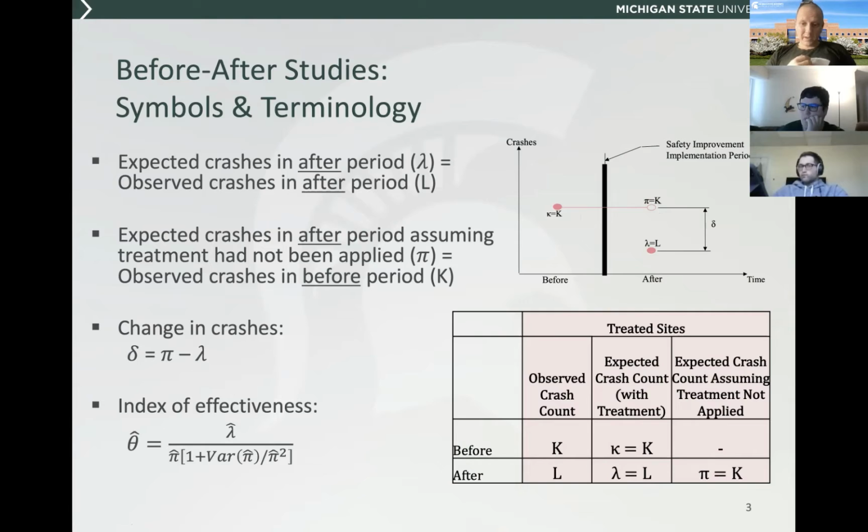If the treatment is implemented, our evaluation of how effective it is, or by how many crashes were reduced, we'll indicate as delta here, and that's simply the difference between the number of crashes before and after.